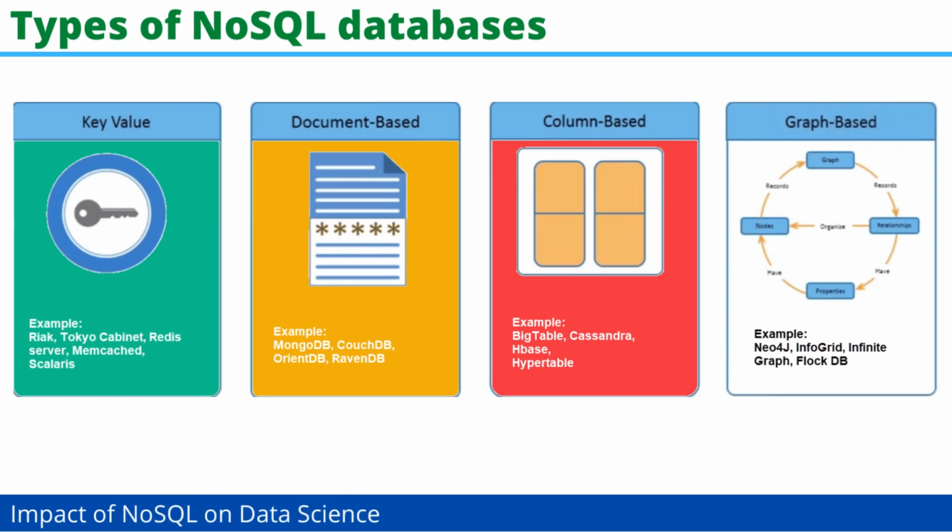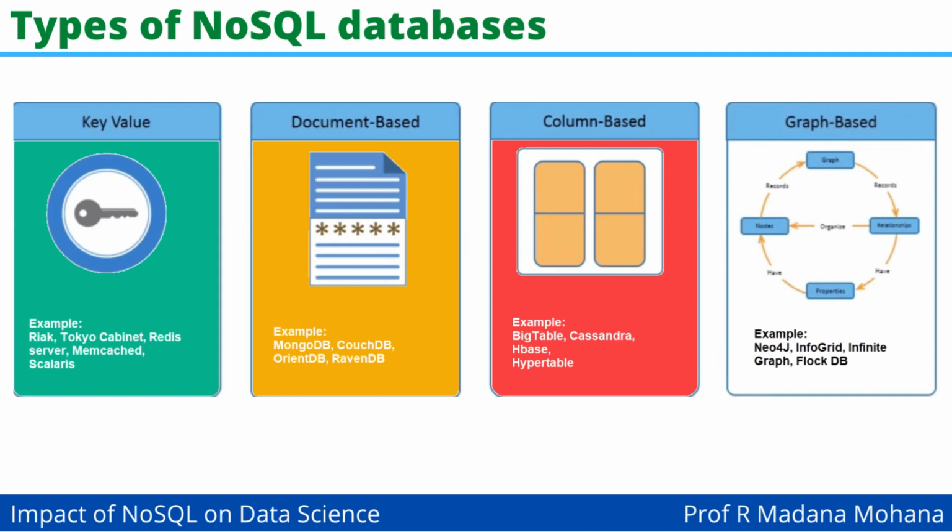Diagrammatically, you can see the glance of all the four types of NoSQL databases. The first one, key value database. Examples are Riak, Tokyo Cabinet, Redis Server, Memcached, Scalaris. Whereas document-based database examples are MongoDB, CouchDB, OrientDB, then RavenDB.